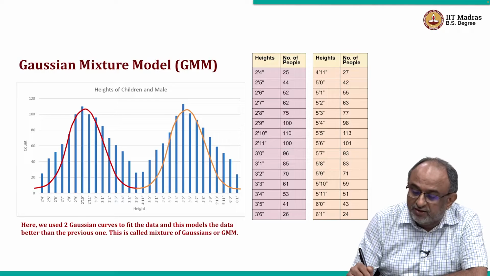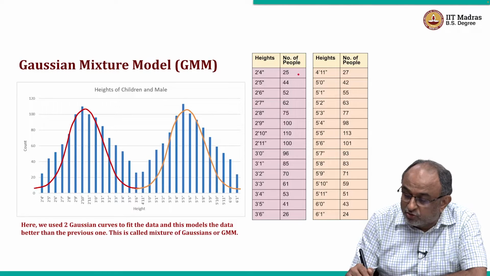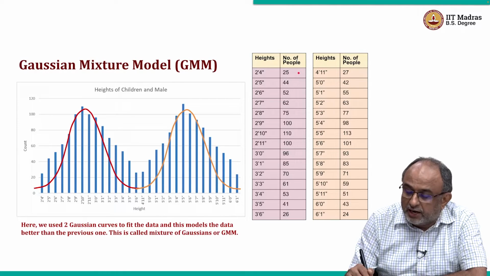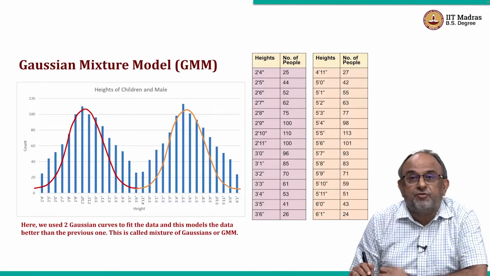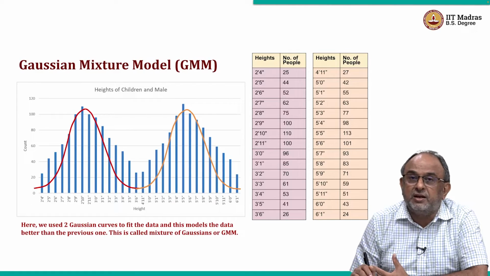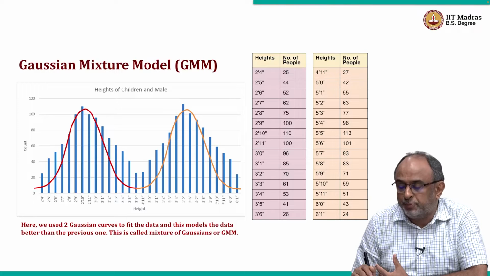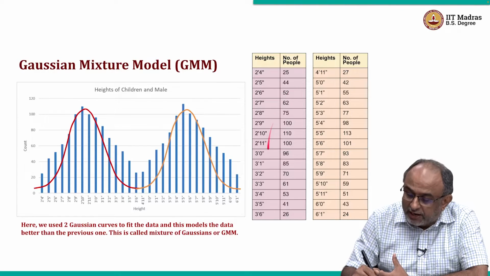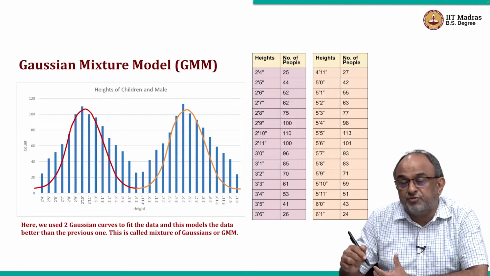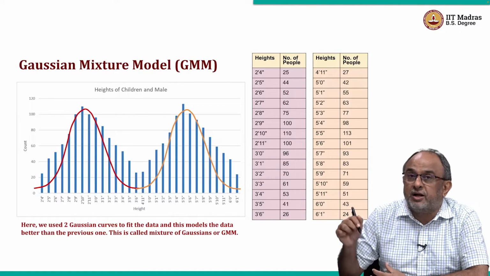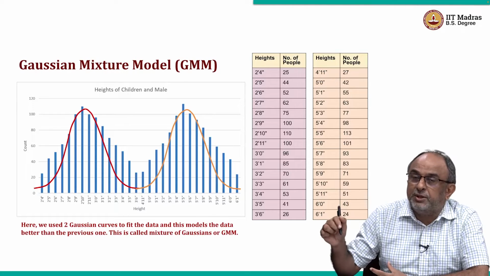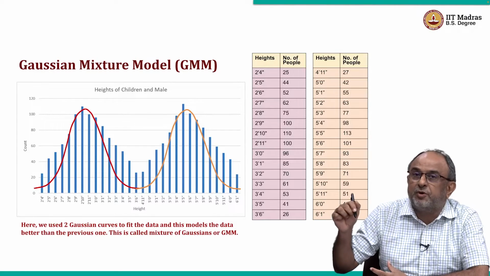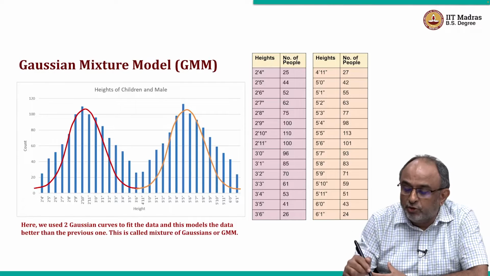How will it become easier? If I also had the category information, like the previous case, I will take all the children. From the children, I can find the mean and the variance for that PDF. I will take all the adults, fit the likelihood for that, and get the mean and the variance for the adults. And how do I get the weights?